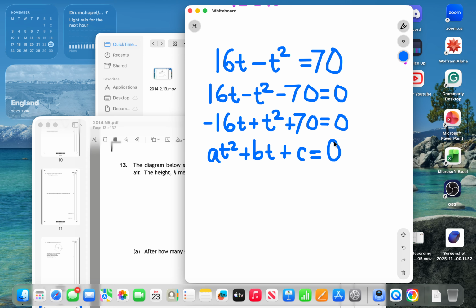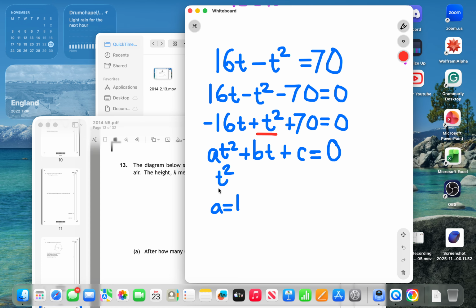Now we want to rewrite that. The t squared can go here, and we have a is 1. We have our bt is minus 16t, so I'm going to color code this.